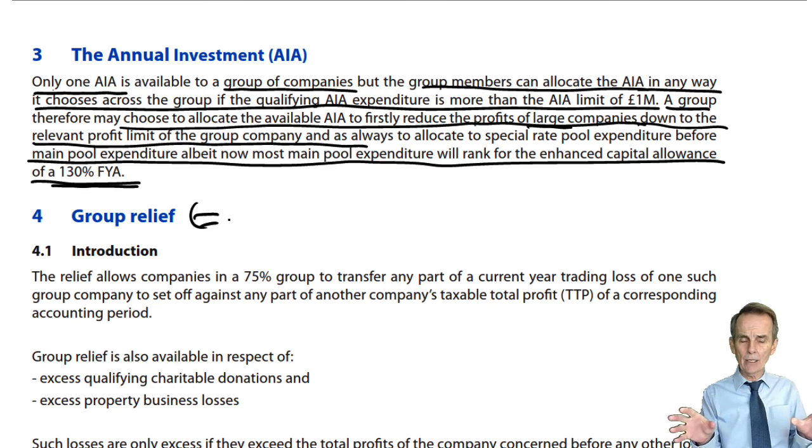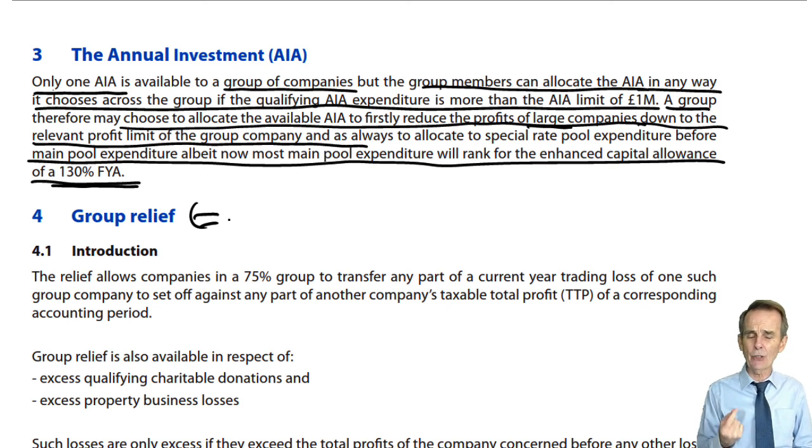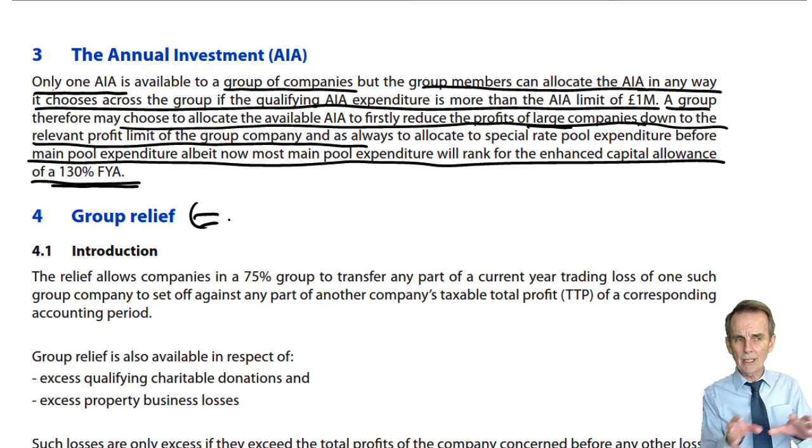So if we had some of our companies within the group where, before this deduction of capital allowances in relation to your AIA figure available, again, principally on special rate pool expenditure, you had some hovering above the profit limit for purposes of are we a large company, are we not, then an objective as regards the allocation of that £1 million of AIA would be to put it into as many companies as you could that would reduce their profits down from being above the profit limit to not being above that profit limit. That would be our objective.